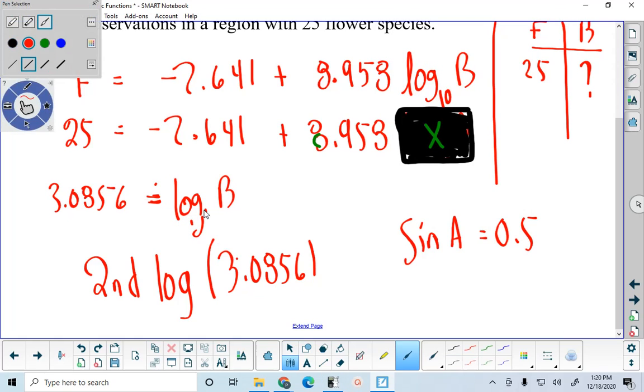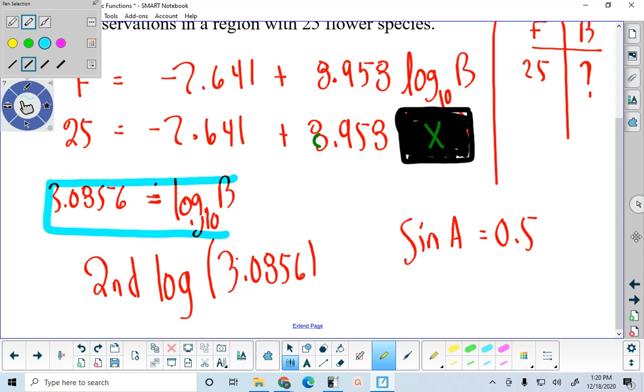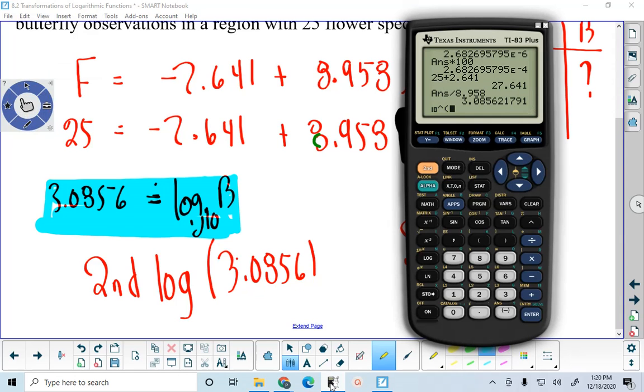So when you write this in exponential form, you're going to write 10 raised to that number equals b. And that's what happens when you go inverse log of that number.